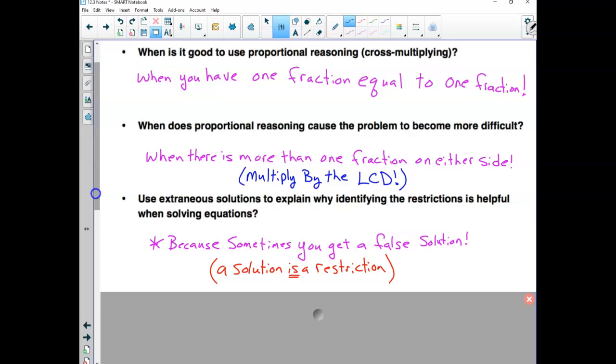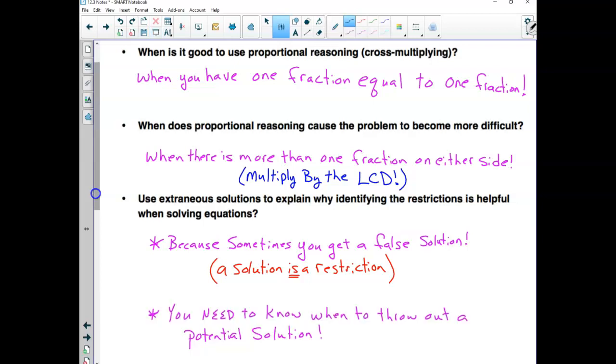What are you talking about? The solution is a restriction, meaning if I list my restrictions at the beginning and I cross-reference that list, and my solution is in my list of restrictions, I throw it out. The very last one is you need to know when to throw out a potential solution. That's kind of restating what I did before. You need to know when your solution is a restriction, and if that happens, you throw it out.